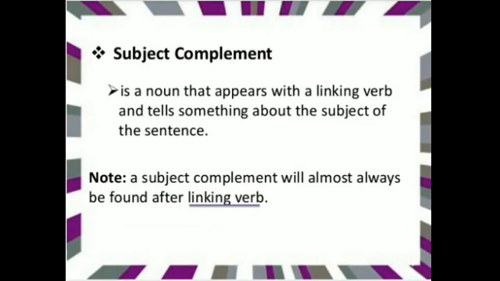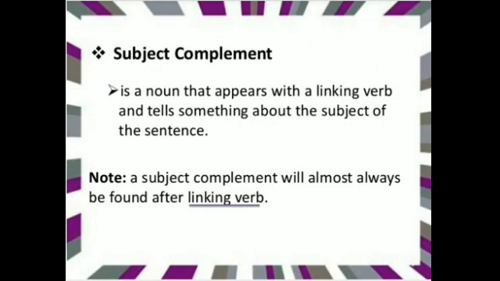The next function is that of subject complement. It is a noun that appears with a linking verb and tells something about the subject of the sentence. A subject complement will almost always be found after the linking verb. Now, what are the linking verbs?